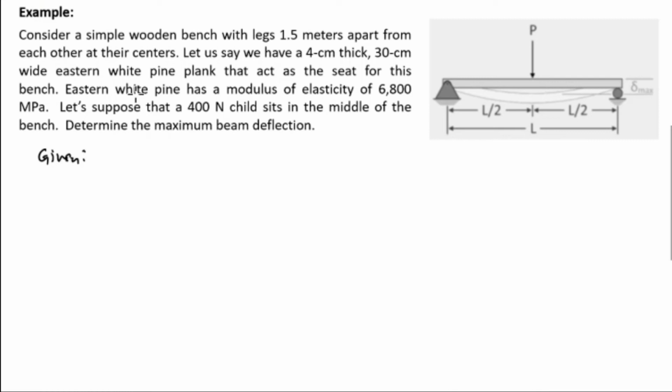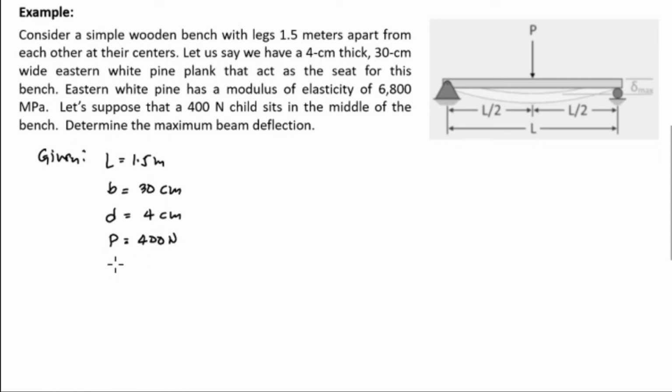So given, we have the length L, which is 1.5 meters. Then we have the base, which is 30 centimeter, and the thickness or the depth of the plank, which is 4 centimeter. The weight or the load of the child, P, is 400 Newton.